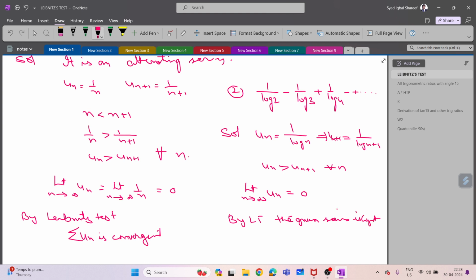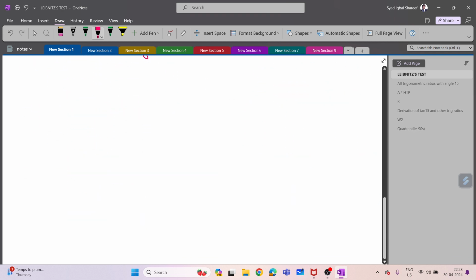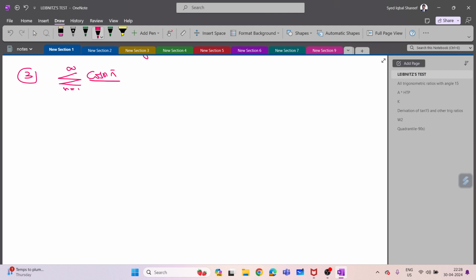One more example. One I have done plain, one I have done with the log. Now one I'll do with trigonometry. Summation n equals 1 to infinity of cos n pi by n square plus 1.